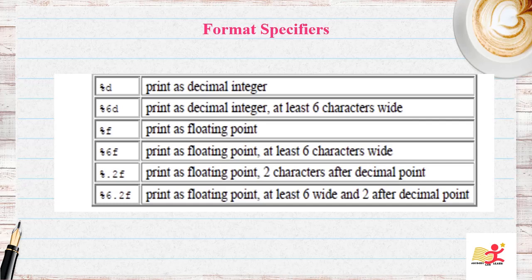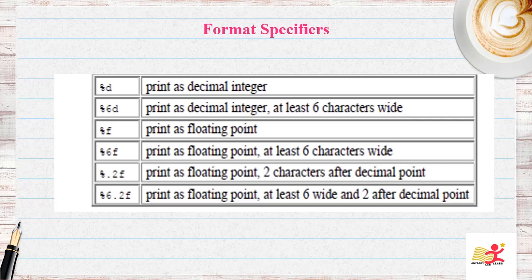And %f, just f, means it merely says to print the number as floating point. So %d is to print as decimal integer, %6d is print as decimal integer at least 6 characters wide. %f is print as floating point, %6f is print as floating point at least 6 characters wide. And %.2f is print as floating point 2 characters after the decimal point, and %6.2f is print as floating point at least 6 wide and 2 after the decimal point.